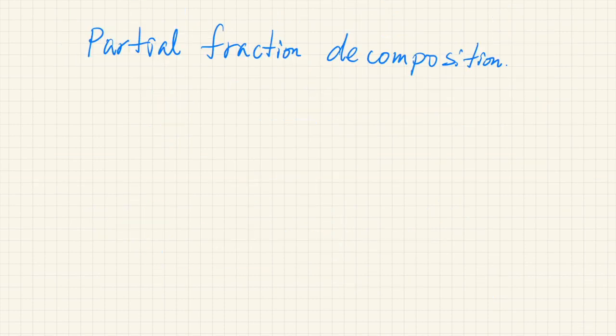Okay, so now let us state the lemma of partial fraction decomposition more formally. So here it is. Any rational function can be decomposed into one of the following 3 forms.